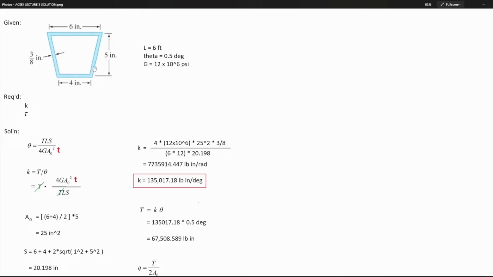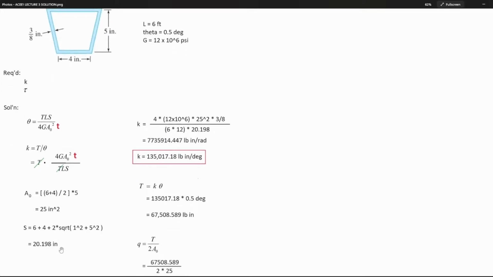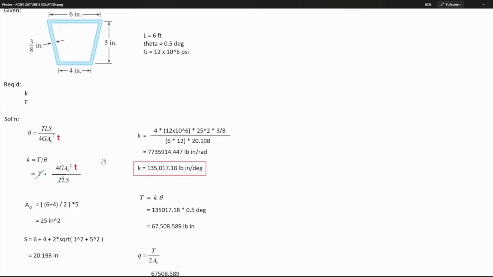So, the square root of 1 squared plus 5 squared, times 2 because there are two of them. There you go. So, our perimeter is 20.198 inches. Okay? Now we can solve for K.